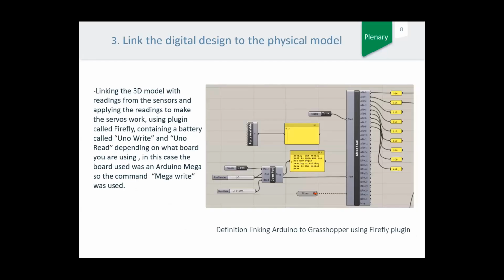This connection of the Arduino with Grasshopper and my design is applied with the Firefly plugin, which connects the Arduino and reads the readings from the sensors, then sends them to the servo motors, based on calculations or numbers remapped to suit the rotation of the motors.